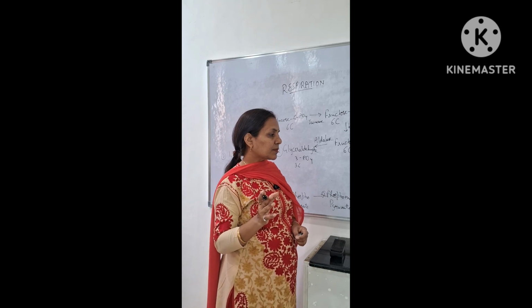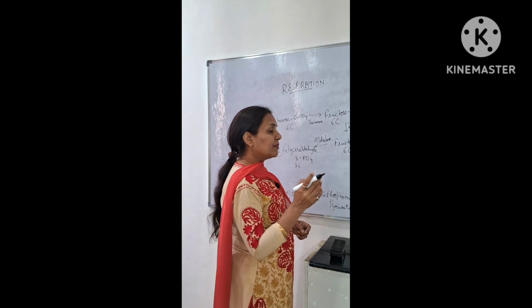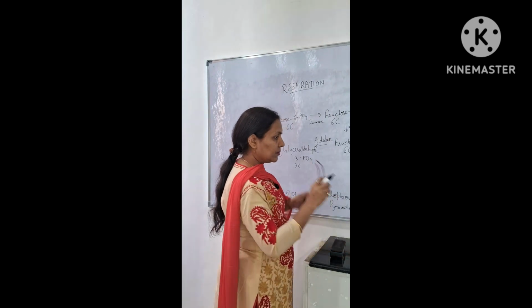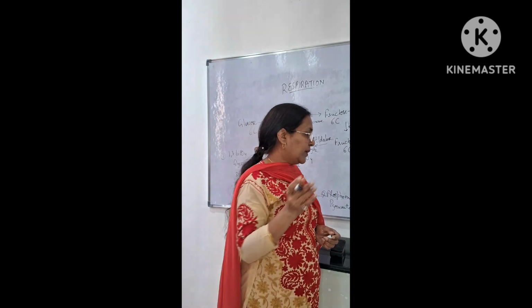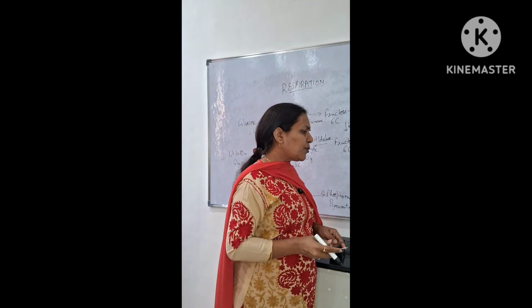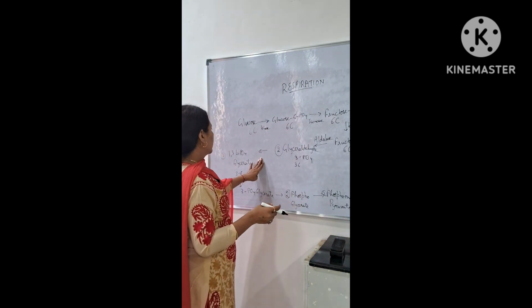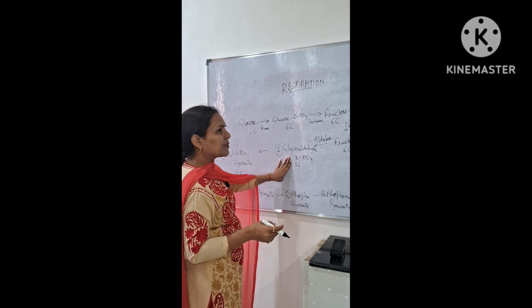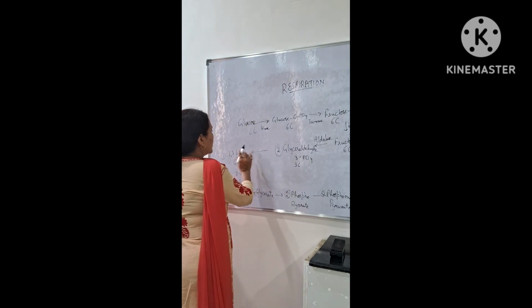Aldolase, then we have NAD getting converted to NADH. Then there is phosphoglycerate kinase again here, because we get a phosphate at the first position. Again we'll have a kinase here.